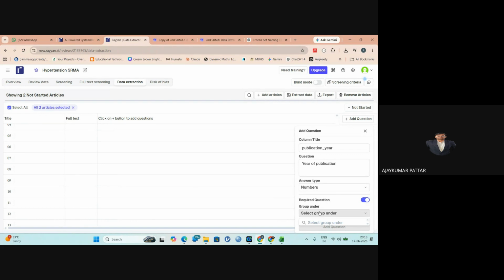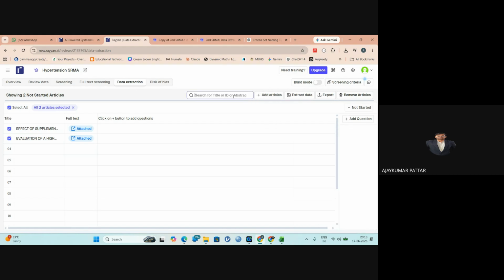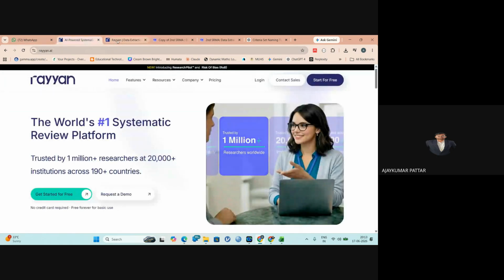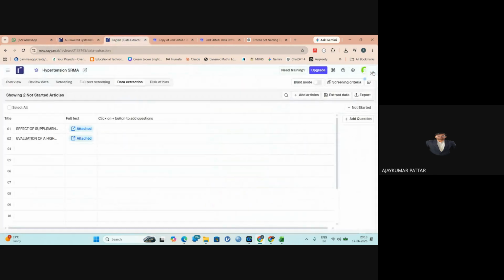So it is asking select group under. I am not able to understand which group it is asking. Group under means which group? I am not able to understand that one. So I will click here.